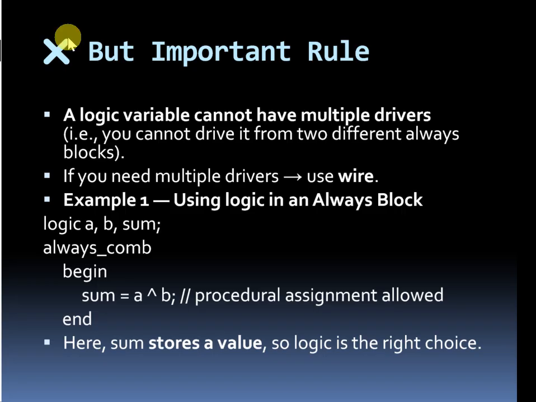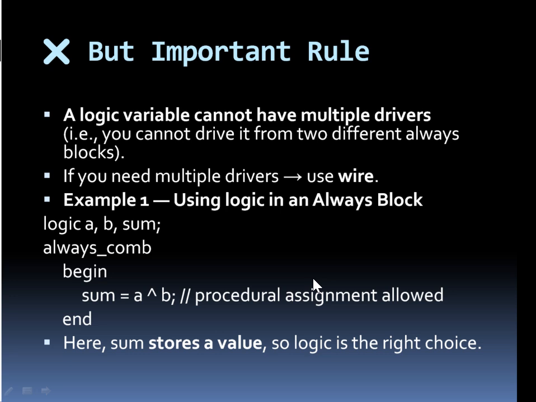Just for your understanding, I am using always_comb and showing you a procedural assignment, and how we use logic in it. First of all we use logic, then we give the variables. Then we use the always statement, begin and end, and between begin and end we write sum equals a XOR b. This sum will store a value, so logic is the right choice.